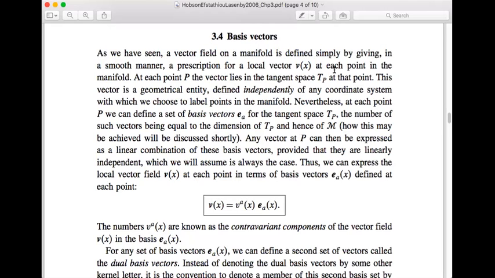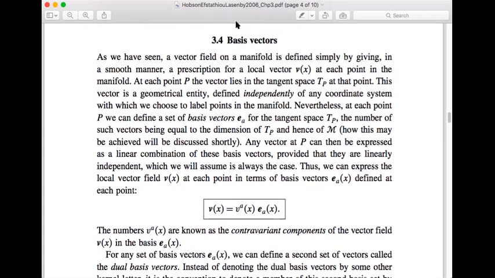And we're going to obtain them from the same construction. Actually, they're going to be tangents to curves, but they're going to be tangents to coordinate curves. So I need to explain the notion of coordinate curves to you. And again, Hobson is just assuming you know what a coordinate curve is.